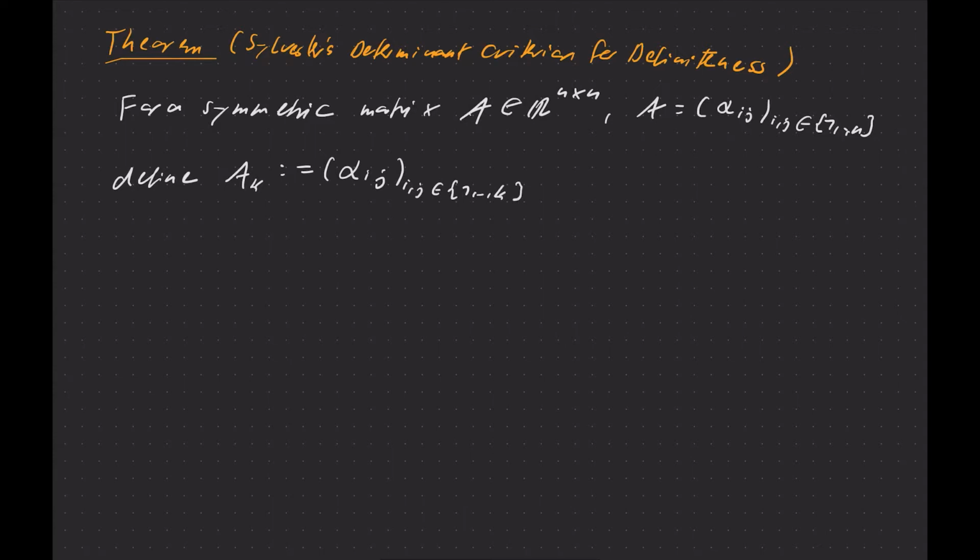So basically what we do is we start at the upper left corner and take a quadratic matrix that extends from that corner and is possibly less than the whole matrix. Okay, so this is a k by k matrix. And we define this for all k in 1 to n. So there's A_1, A_2, A_3, and so on up to A_n.